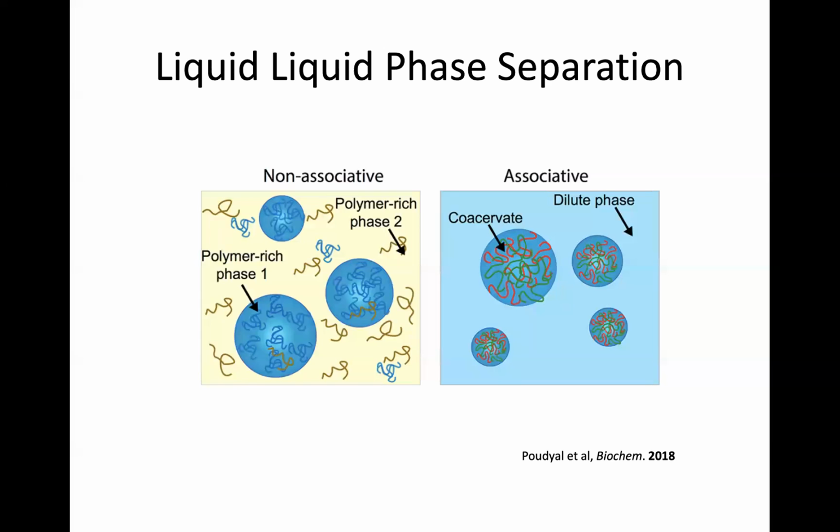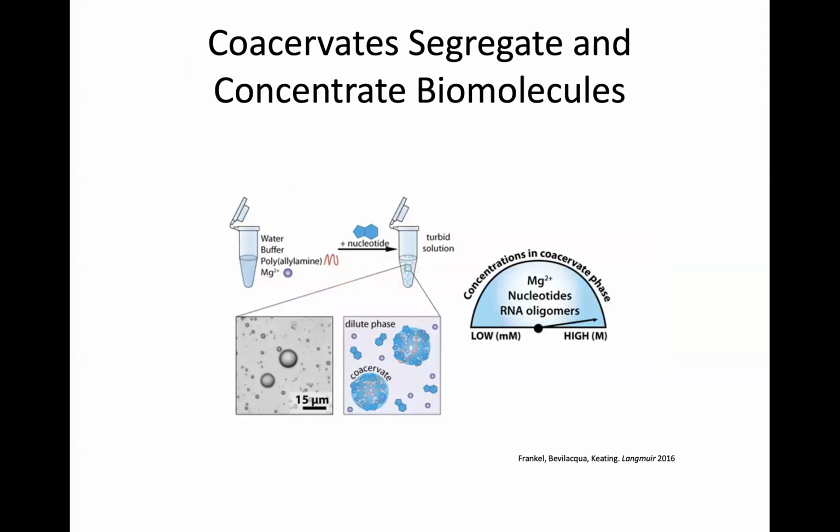You can create these coacervates, or associative phase-separated structures, through one or more than two types of components, but for the simplicity of today's discussion, I'll refer to those simply as two-component systems.